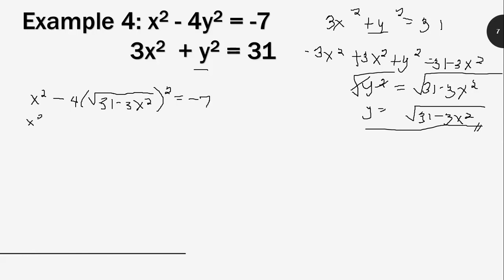X squared minus 4 multiplied, cancel out po natin si square at si square root. So 3x squared equal to negative 7. And then distributive property, x squared, negative 4 times 31, we got negative 124.